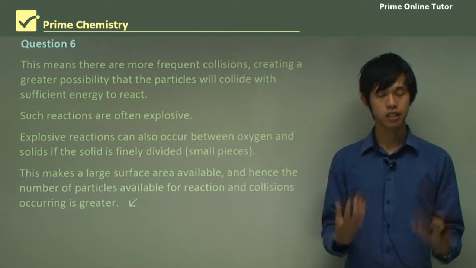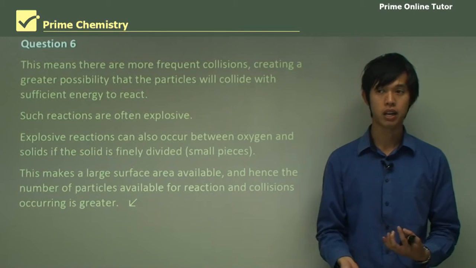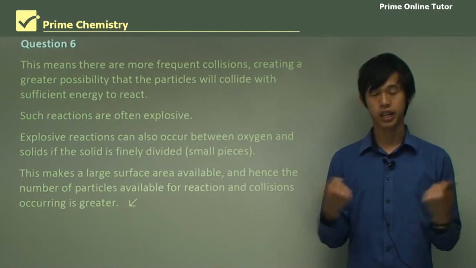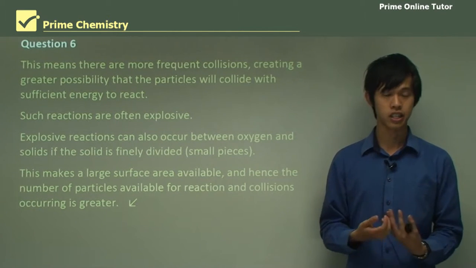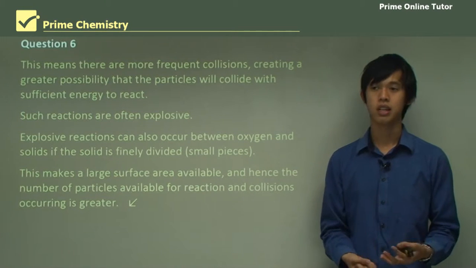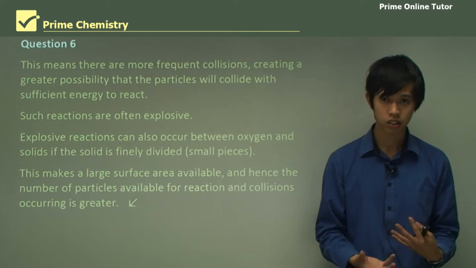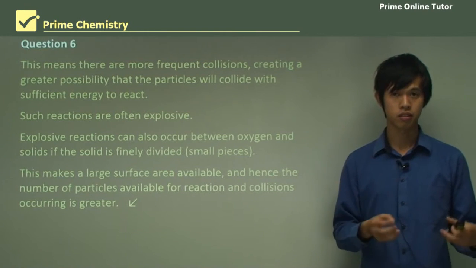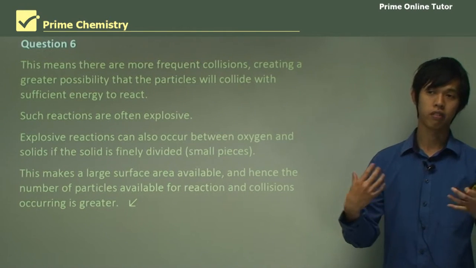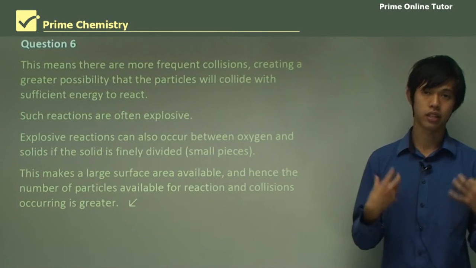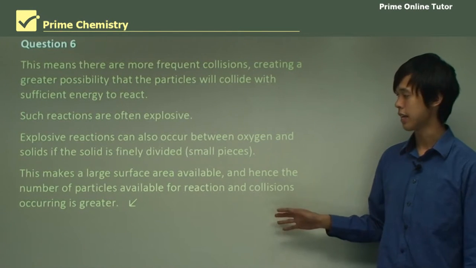If it's a gaseous fuel, the particles are very mobile, they can mix with the air, and when they can collide with the correct energy, they will burn. But with a solid, they don't move as much, simply because they're locked in the solid's form, so they can't collide as frequently, and you get a much slower combustion. Okay?